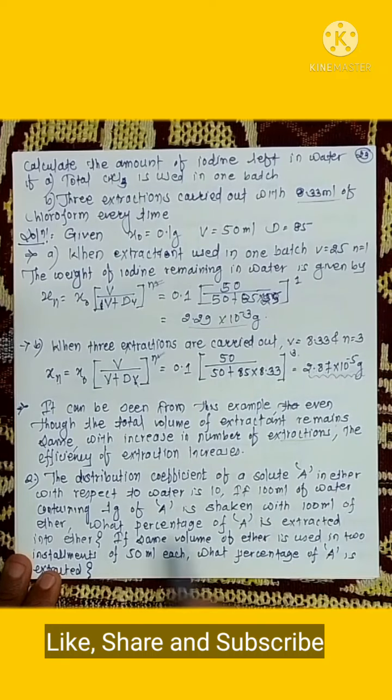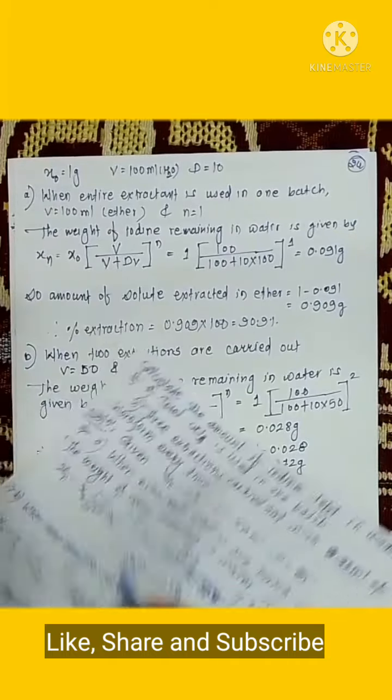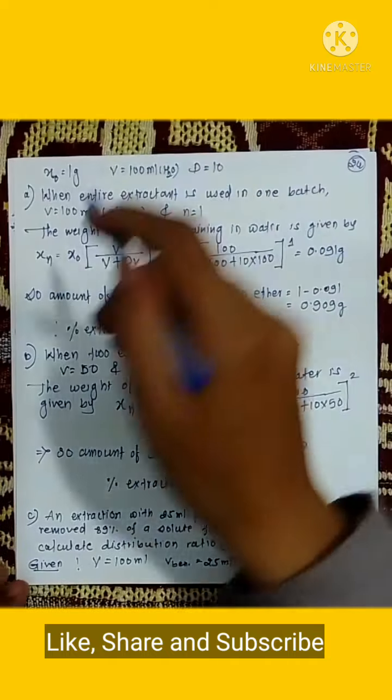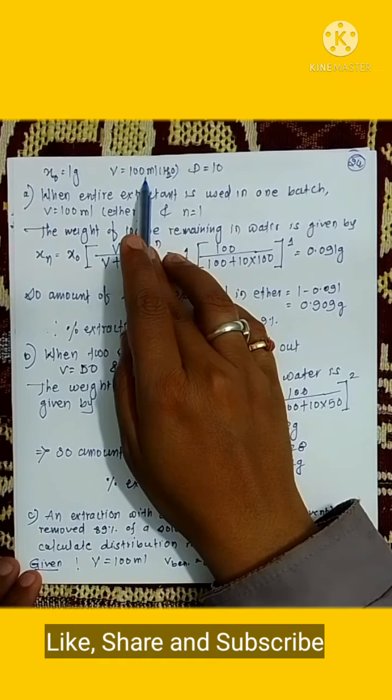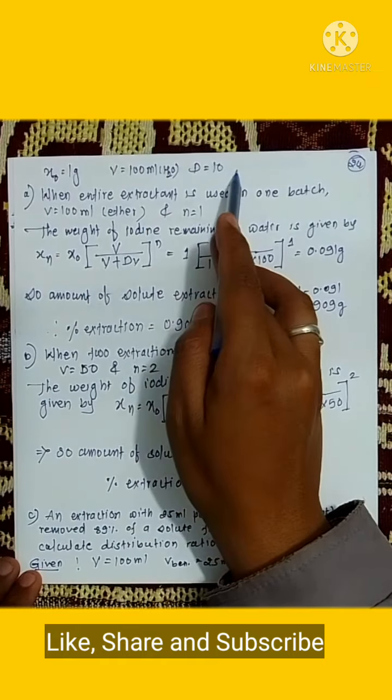What percentage of A is extracted into ether if the same volume of ether is used in 2 installments of 50 ml each? So X0 is given, that is 1 gram. V is given, that is 100 ml for water. D is equal to 10.